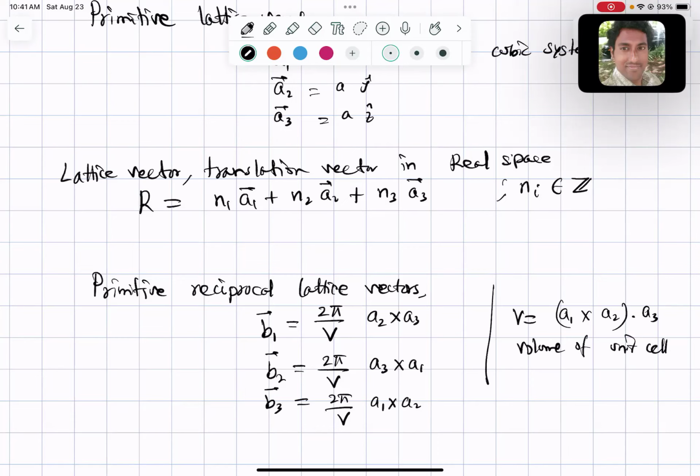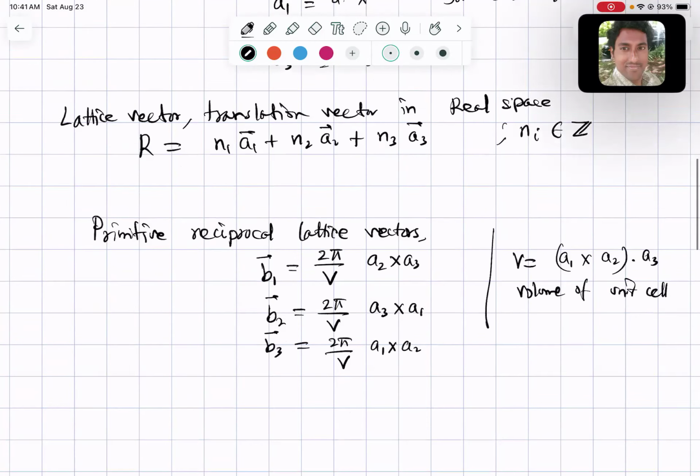These are the primitive lattice vectors in reciprocal space. Why do I say reciprocal space? Because if you find their unit, they have inverse Angstrom unit. You see, A1, A2, A3 are in meters, for example. V is meter cubed.